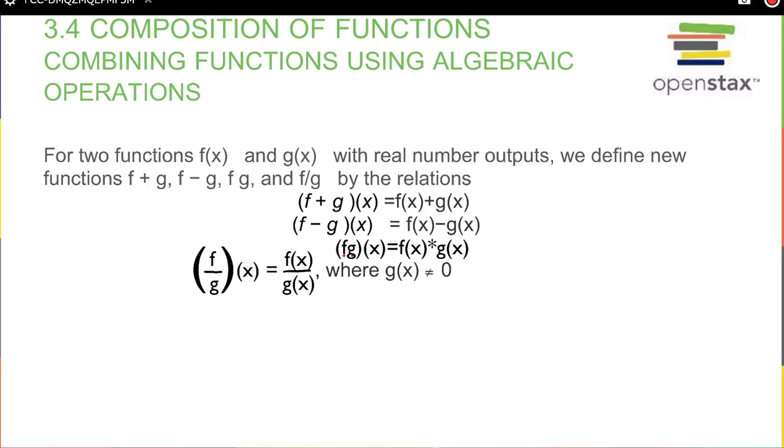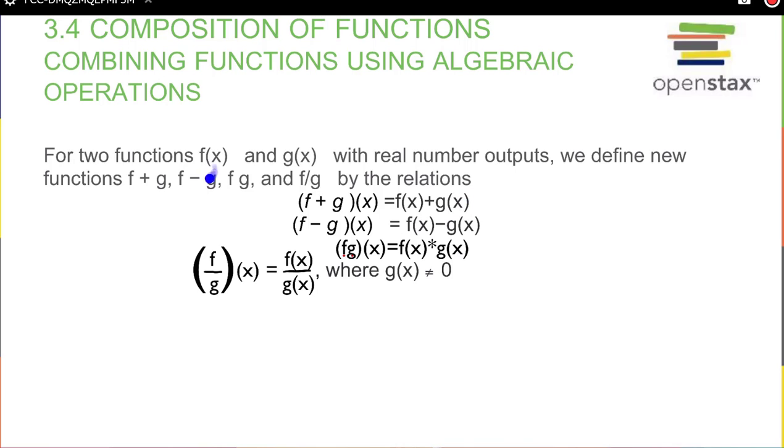For two functions, f of x and g of x, with real number outputs, we define new functions f plus g, f minus g, f times g, and f divided by g by the relations. When they tell us to do f plus g, we write it as f plus g of x, and that equals the function f of x plus the function g of x.